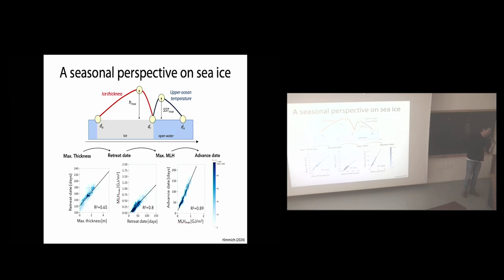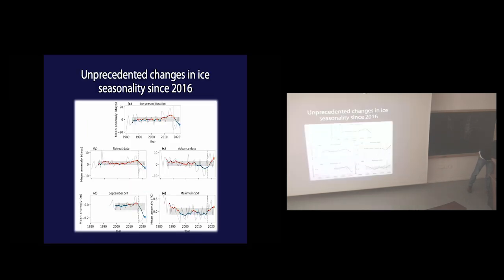So the next question was, can we know more about recent changes based on such a perspective? And the first thing Kenza did was to look at the time series of all these parameters that I've mentioned in the previous slide with time, based on satellite observations. So you have here all of these parameters.